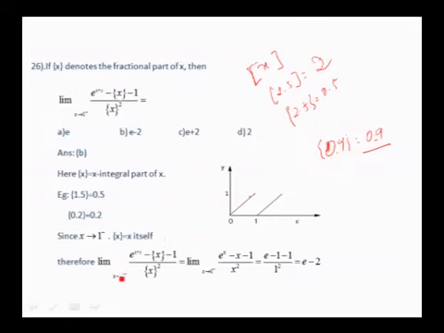So limit x tending to 1 minus of e to the power of x minus x minus 1 over x square, since 1 minus is given in the problem itself. You allow x to tend to 1: it is e minus 1 minus 1 over 1 square, which is e minus 2. So option is B, e minus 2. Please understand this a bit; fractional part and integral part problems come often in these problems.